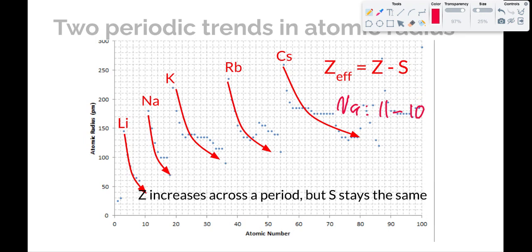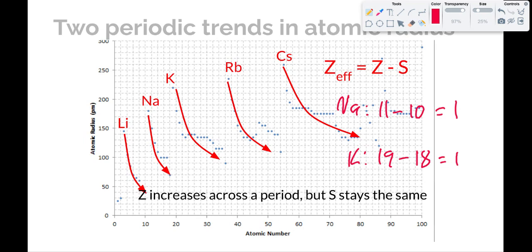That means there are 10 shielding electrons. That gives us an effective nuclear charge of 1. And if we go to potassium, well, this is 19, that's Z, but argon has 18 protons, which means the neutral atom is going to have 18 shielding electrons for that potassium. So 19 minus 18 is 1. So the effective nuclear charge for everything in this column is 1.